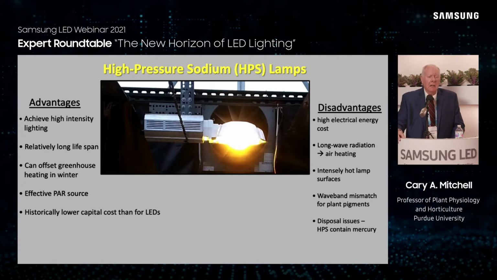Relatively long lifespan compared to predecessors, but not relative to LEDs. Some growers like it because they're so hot it cuts down on their heating costs in the winter. It's an effective PAR source, but not the most effective. It has an historically lower capital cost than for LEDs.